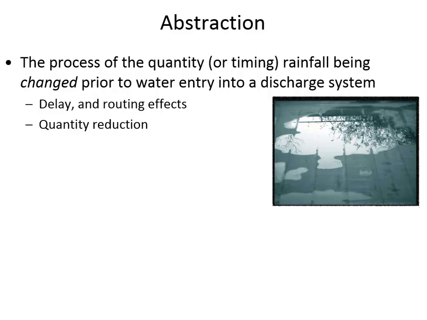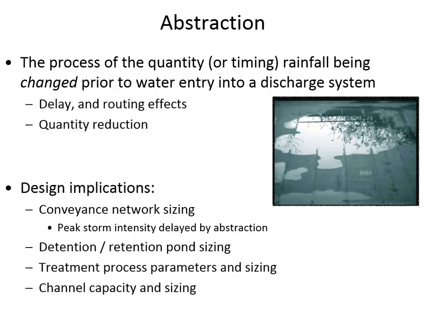The water that is intercepted in a puddle eventually is going to evaporate, or the water that's in a large pool eventually may make its way into the runoff, but first it's going to infiltrate slowly, or maybe it'll be stored on the surface of concrete or pavement before it infiltrates. Basically it's just delaying, and routing effects have to be considered to account for the delay. It can also reduce the quantity of discharge that's seen at a certain time.